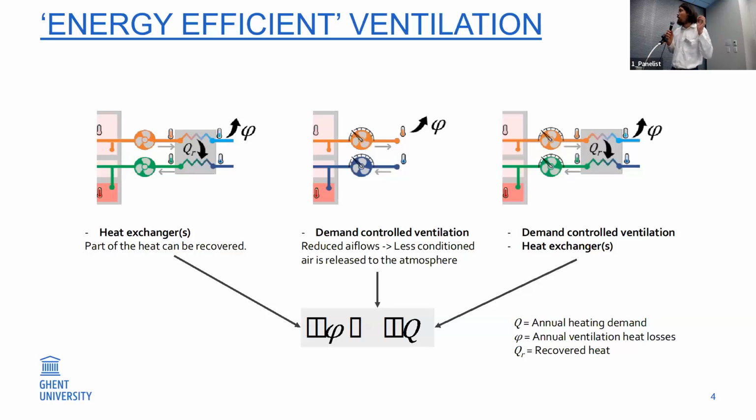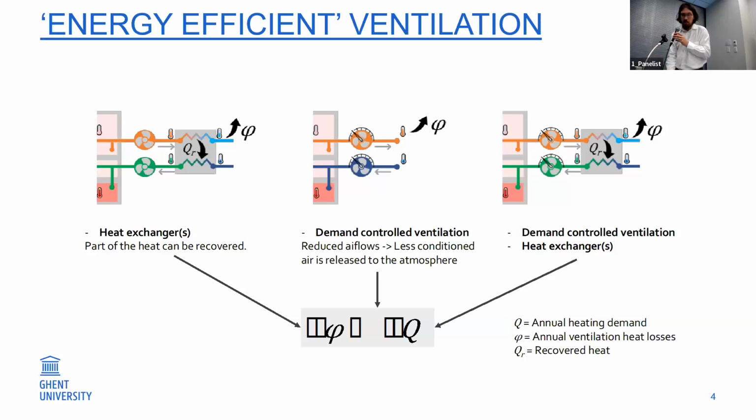We wanted to expand this analysis to a larger set of energy-efficient ventilation systems. As I said, we started looking at heat exchangers, but then we wanted to also see if this effect also exists in other ventilation strategies like demand-controlled ventilation, where instead of sending the air through every space in the building, you actually modulate the airflow rate based on the demand. And so potentially this spreading of the recovered heat is less.